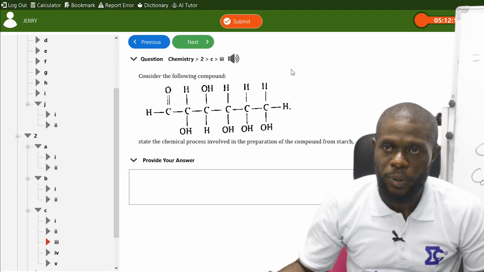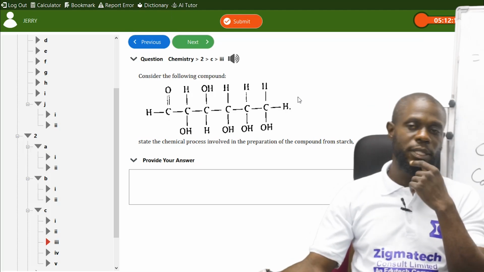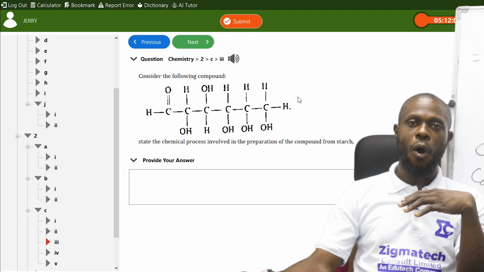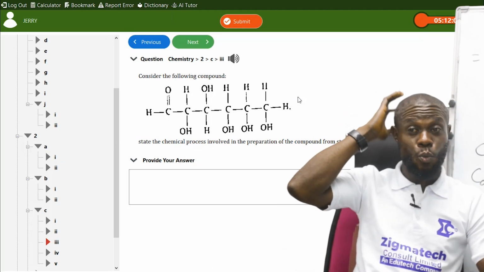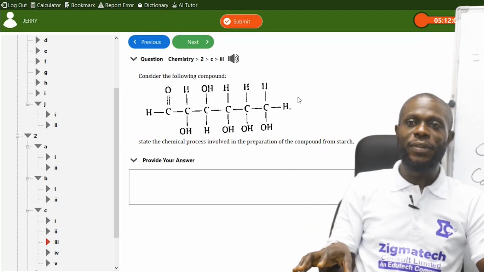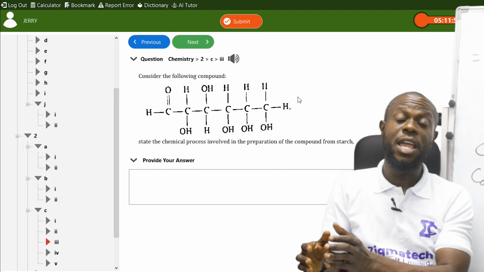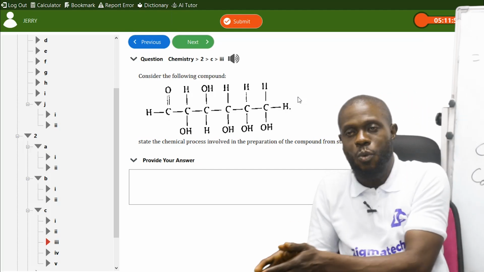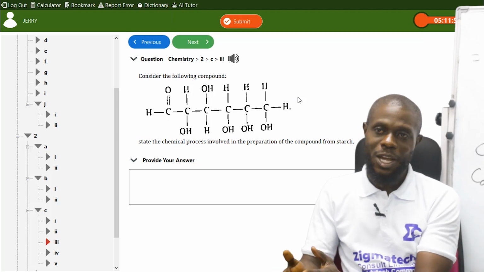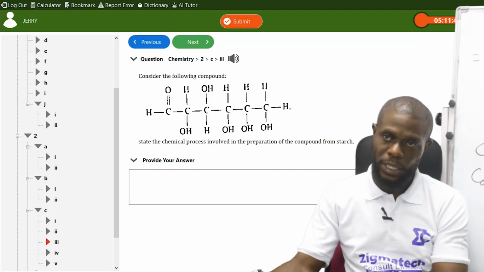Now, the chemical process of preparation of the compound from starch is hydrolysis. Hydrolysis is the process of using water to break down molecules. The fermentation of carbohydrate gives alcohol, so the process passed through is a water process.